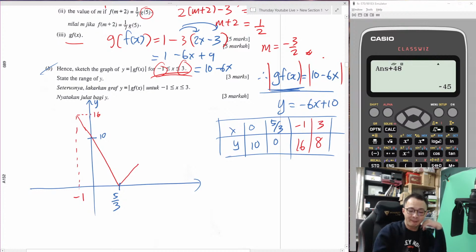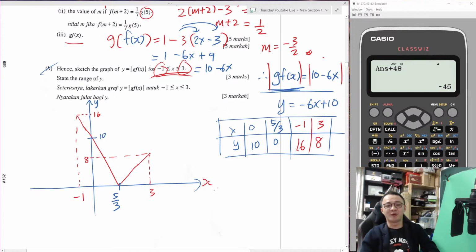Alright, when my x is 3, I will go roughly slightly higher, because I will go to 8. So when x is 3, I will stop at 8 here. So this one should be my whole graph here. Yeah, x and y.